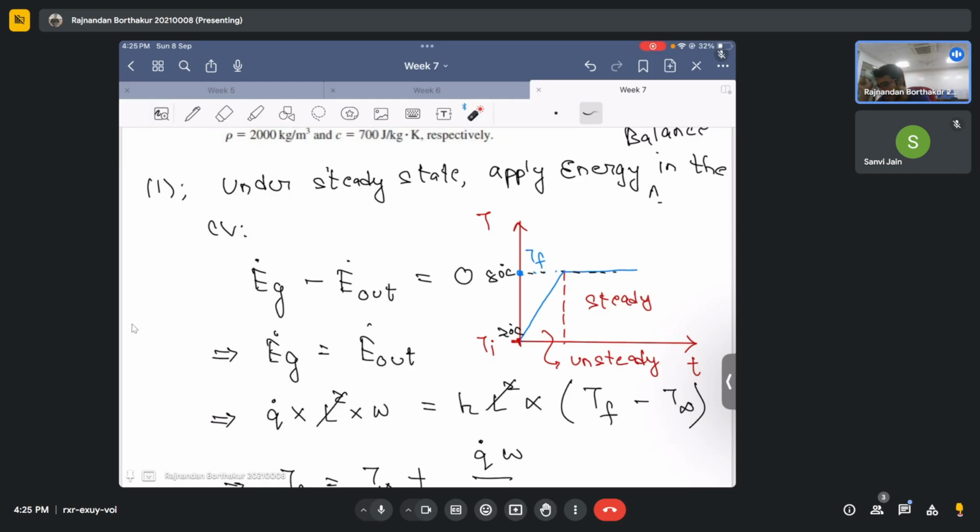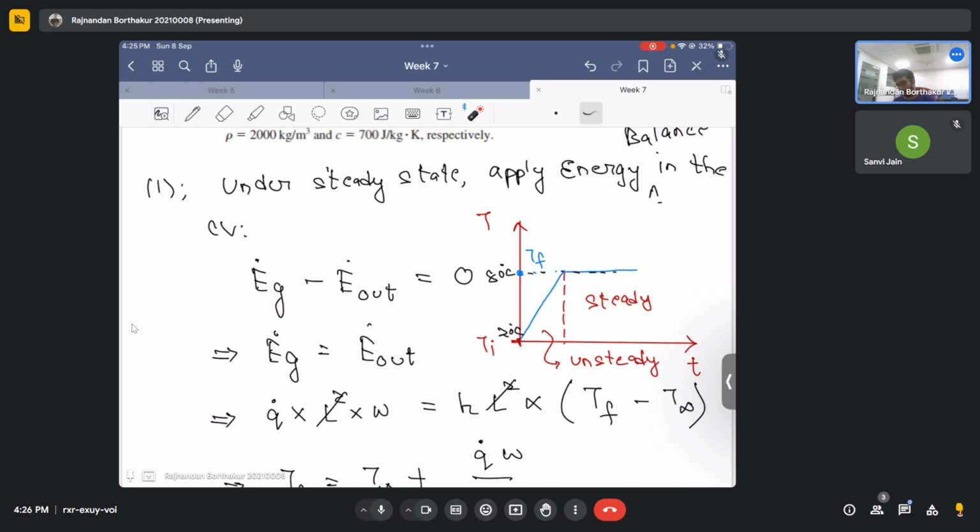I don't know if it will be an exponential rise, typically because there is also heat generation taking place inside the chip. But at least I can say for sure that this can't be linear. You can think of it as a rise, but you cannot critically determine the slope or the nature of this curve. For that, you need to evaluate the temperature profile.